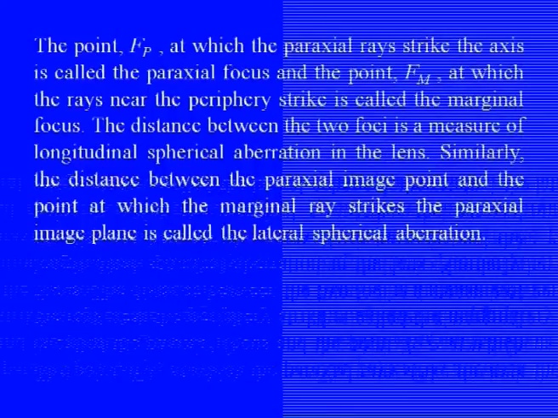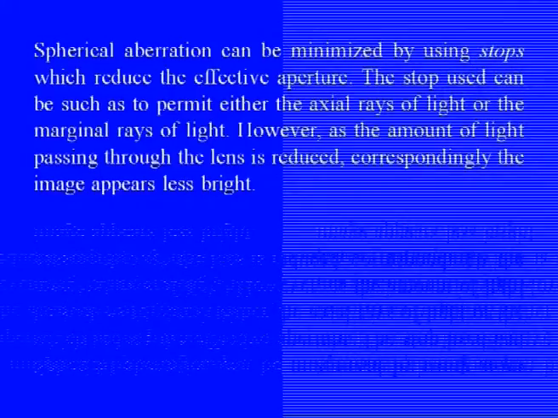Similarly, the distance between the paraxial image point and the point at which the marginal rays strike the paraxial image plane is called the lateral spherical aberration. Now, spherical aberration can be minimized, as appears natural, by using stops, which reduce the effective aperture.